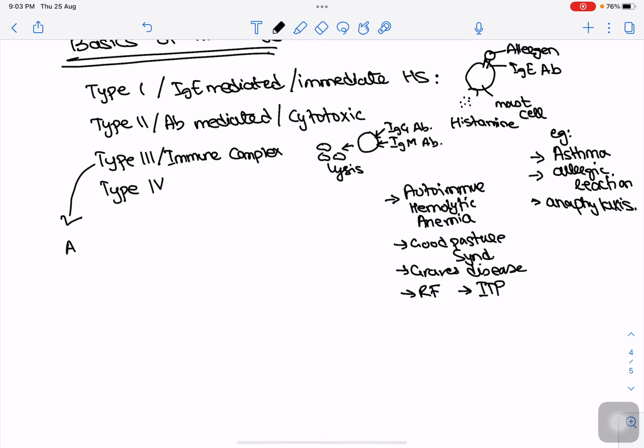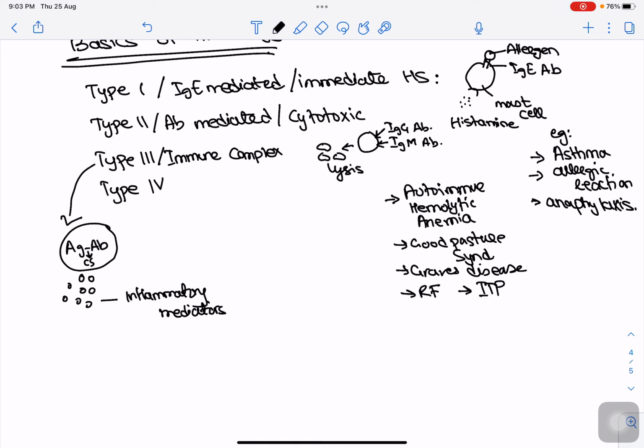So this is an antigen and antibody complex that deposits within the tissue, and it leads to activation of the complement system. As the antigen antibody complex activates the complement system, there is a release of inflammatory mediators, which results in tissue injury.